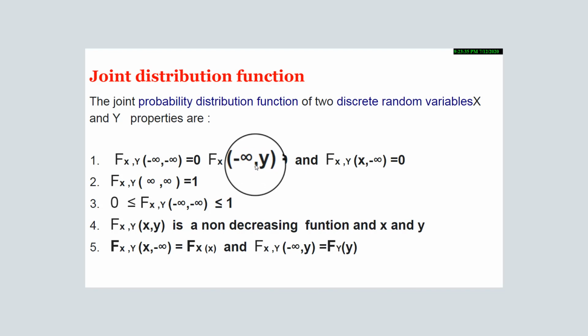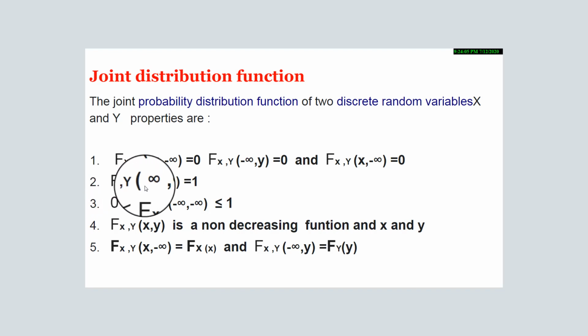When you say minus infinity to y, the minus infinity is the lower limit and the upper limit is y, and F of x comma y with x comma minus infinity is also 0. In total, the limit starts from minus infinity and ends at minus infinity, which is equal to 0. Next property says that the value of F of x comma y from infinity to infinity is equal to 1.